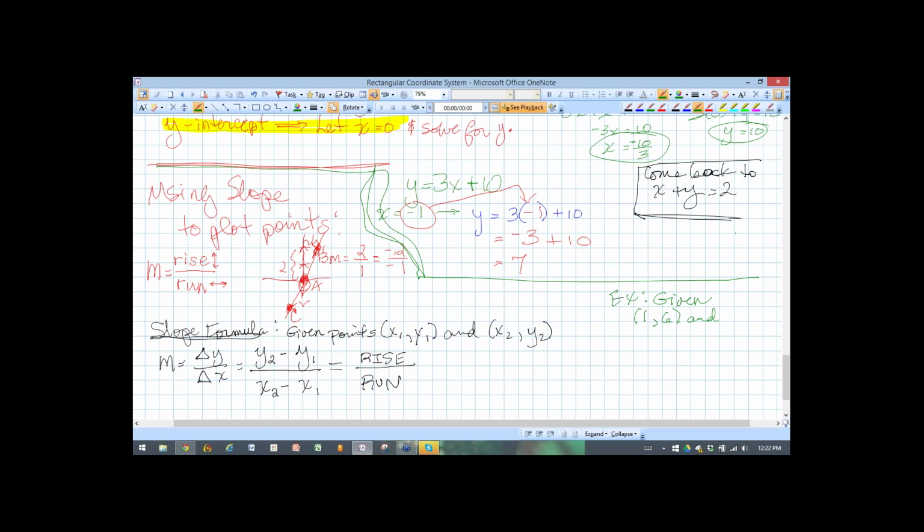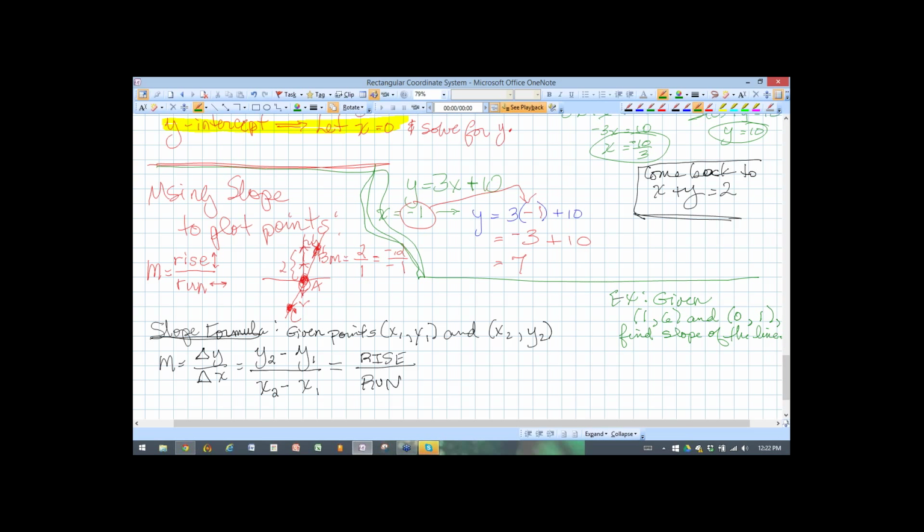I'm trying to give y'all a good one I know is going to work. That's my problem. (1, 6) and then (0, 1). Okay, let's find the slope. Given the two points (1, 6) and (0, 1), find the slope of the line.